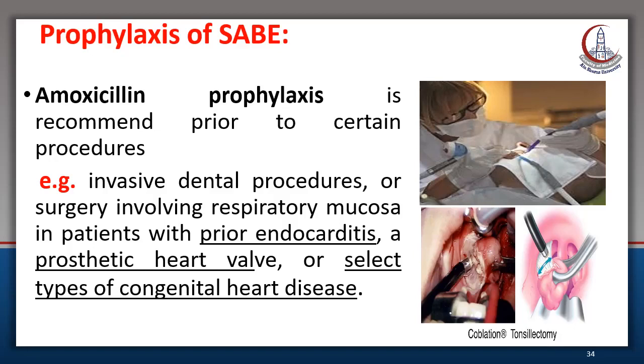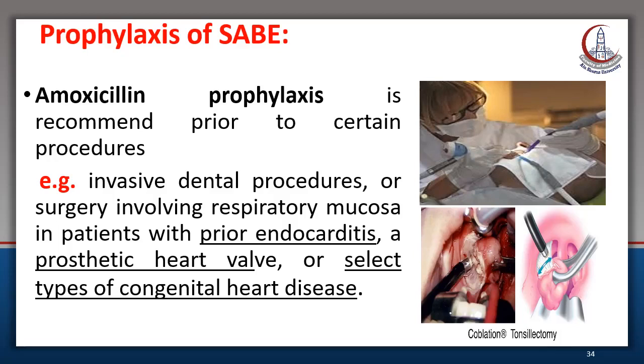Prophylaxis of subacute bacterial endocarditis. Amoxicillin is the prophylaxis of choice for subacute bacterial endocarditis and is usually recommended before certain procedures, like invasive dental procedures or surgical procedures involving the respiratory mucosa, in patients with previous endocarditis, patients with a prosthetic heart valve, or selected types of congenital heart disease.